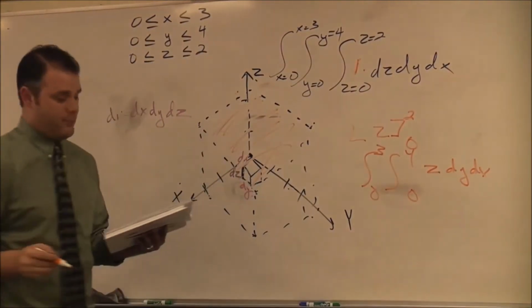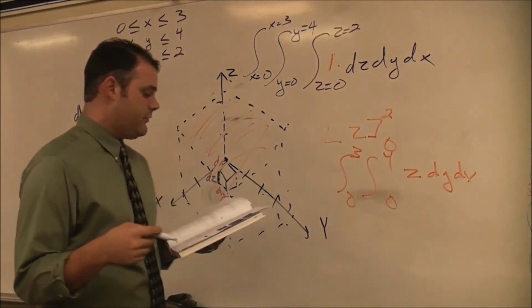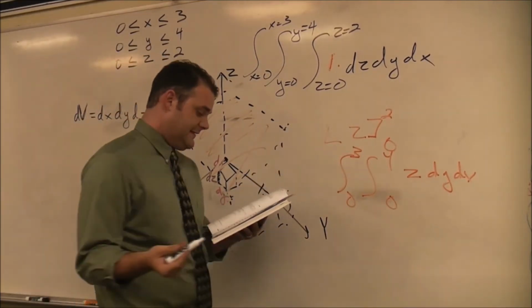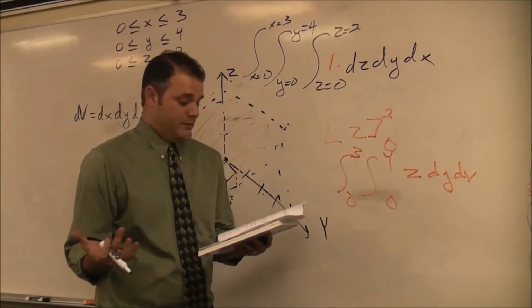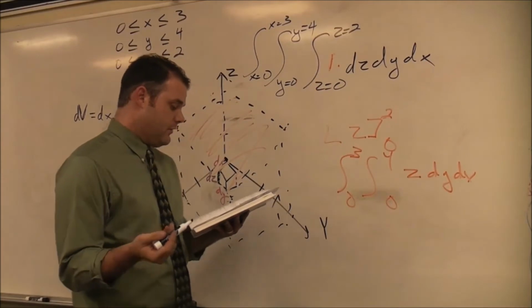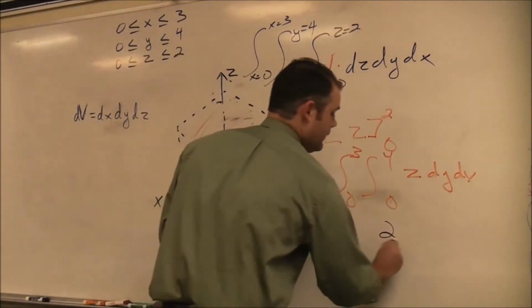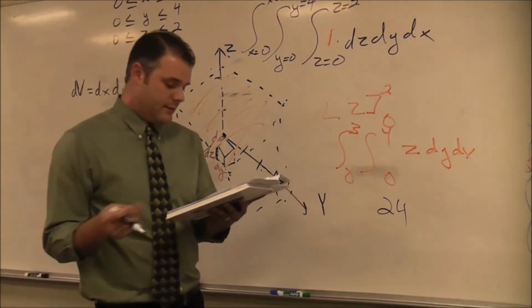So what we're really doing with the triple integral is nothing different. You might be wondering, why are we doing it at all? What's the point? Anyway, the integral would evaluate to 24 if you were to manually calculate it.